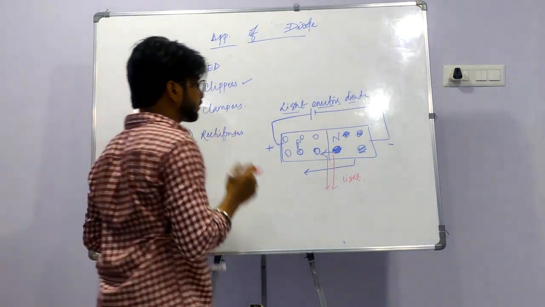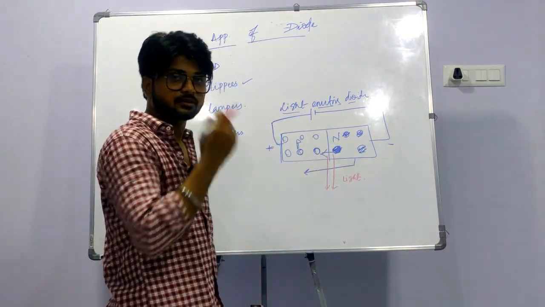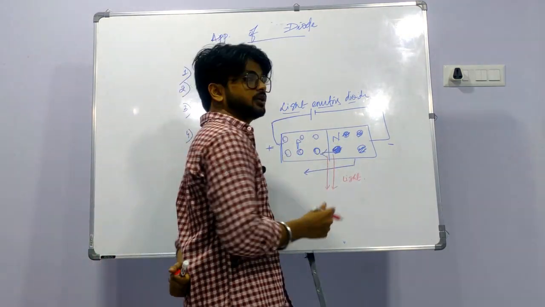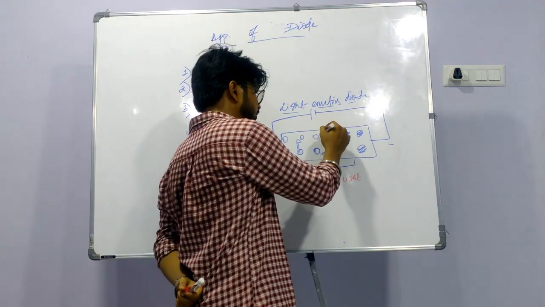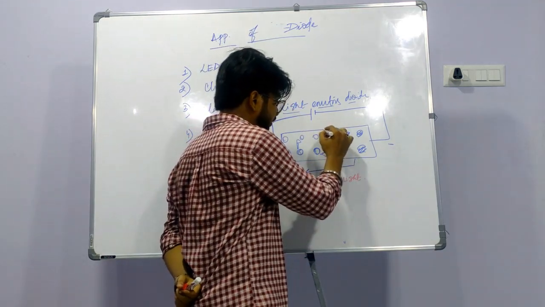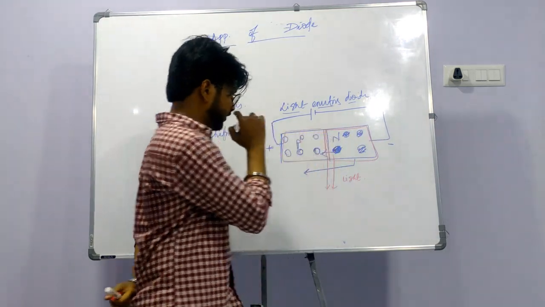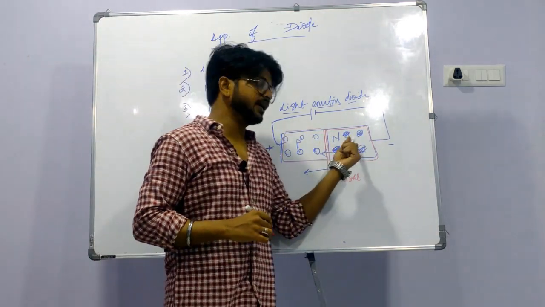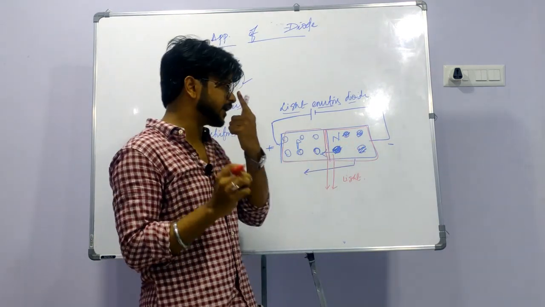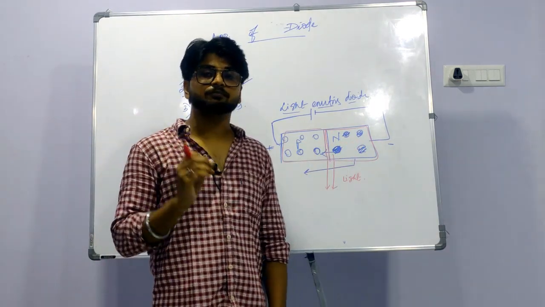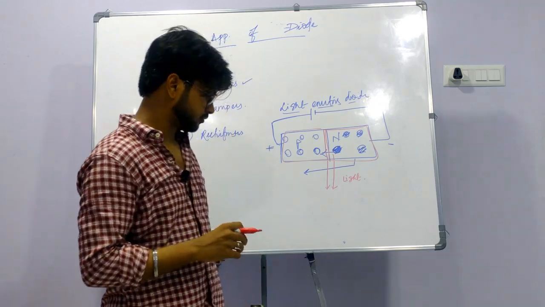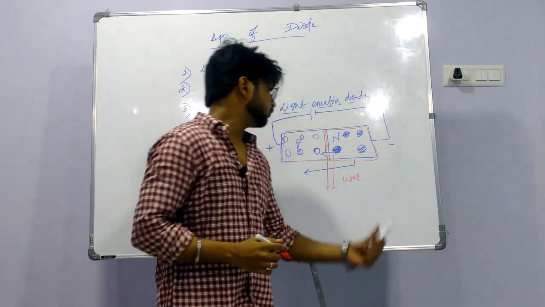Now this emission of light is possible if and only if the band gap in the P type and N type semiconductor is of a proper size.